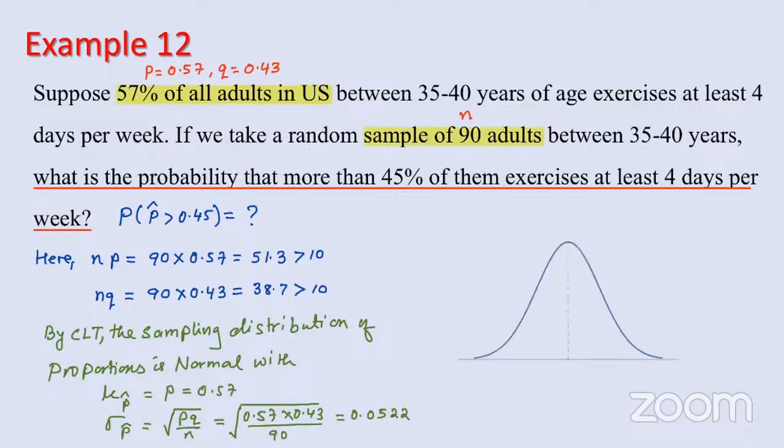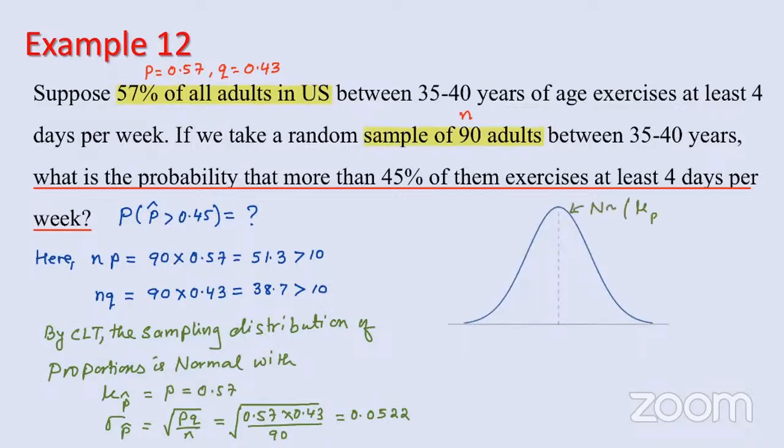So let me draw a normal curve like that. Okay, so this is the normal distribution with the mean mu sub p hat and standard deviation sigma sub p hat. And the mean that goes in the middle is 0.57. And along the x-axis, we have the proportions p hat.